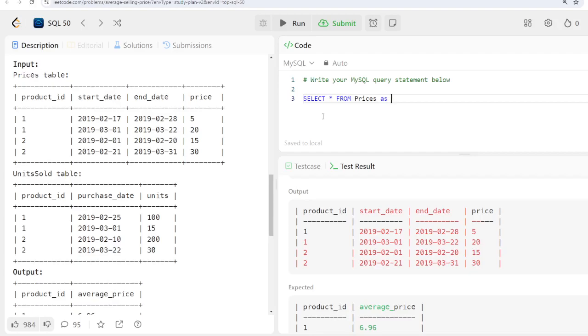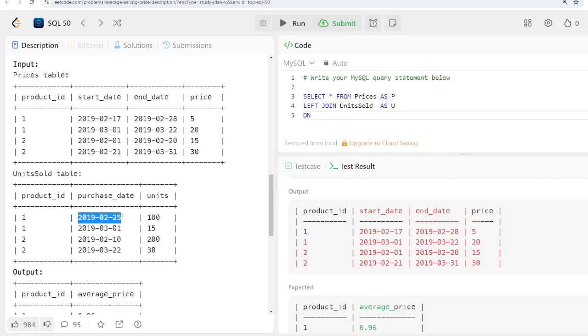Let's say I am giving alias as P, and I have to do left join this unit sold as, let's say, U, right? On which condition? So this purchase date should be between this start date and end date.